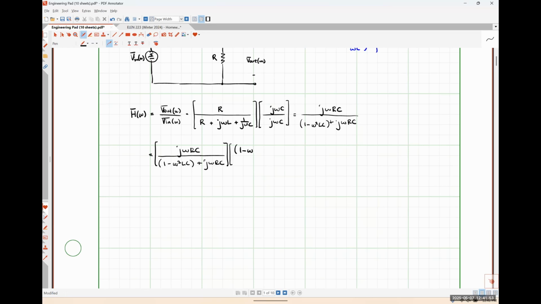That's going to look like 1 minus omega squared LC minus j omega RC, divided by that exact same quantity.